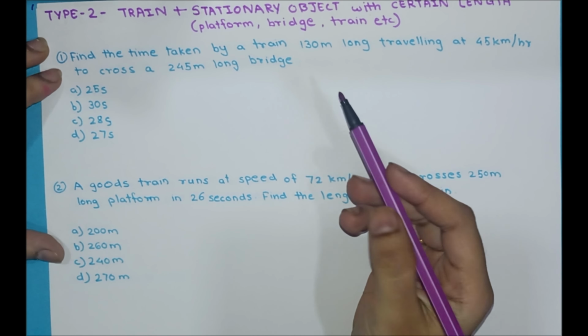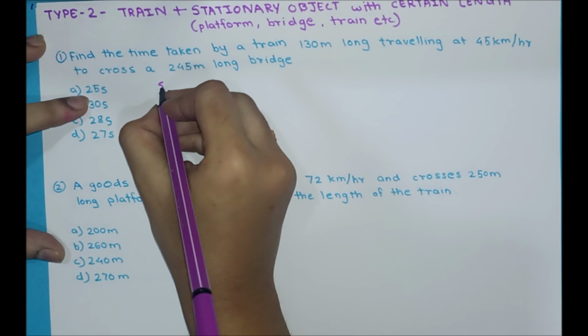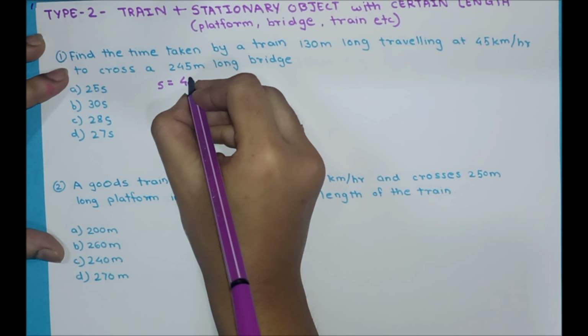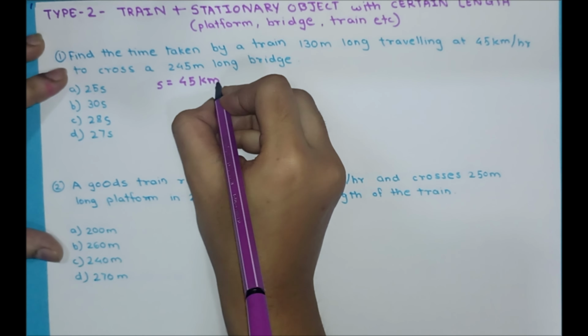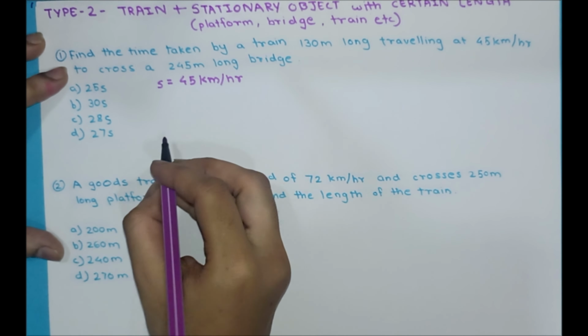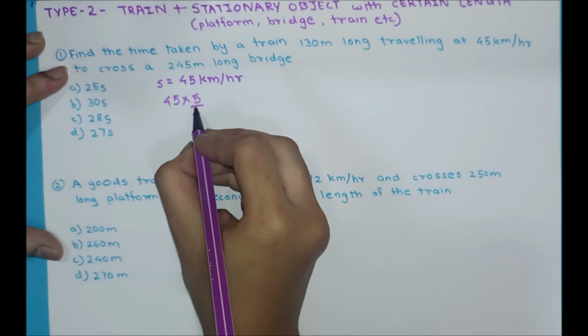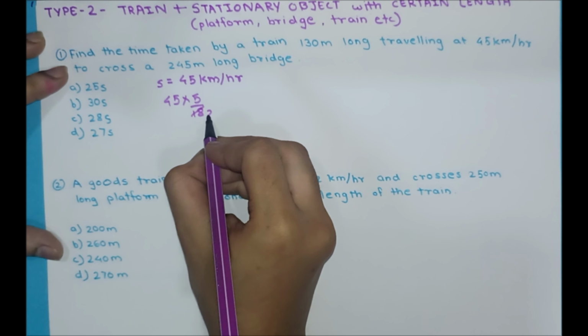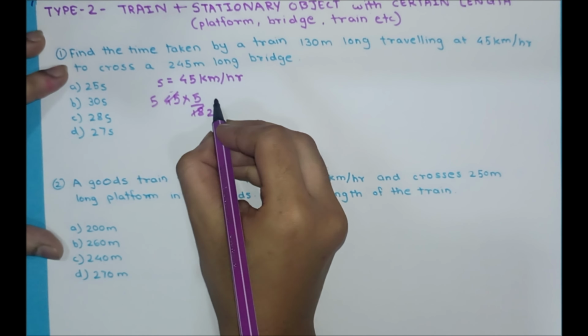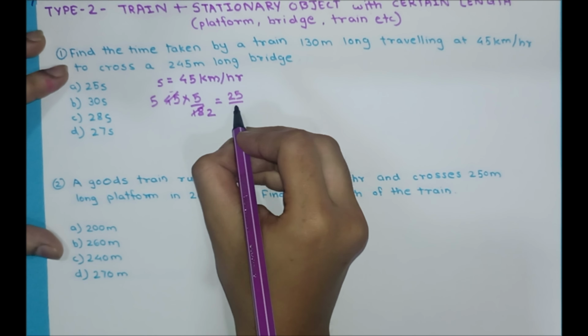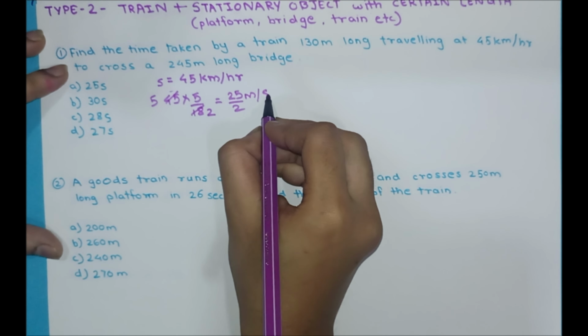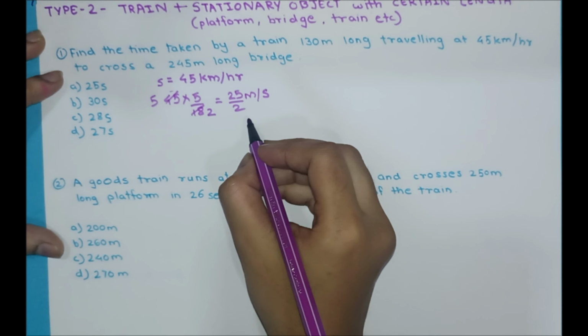So in the first question we have been given the speed as 45 km/h. Let's convert it into meter per second. So 45 into 5 by 18, it's 9 2s are 18 and 9 5s are 45, we get it as 25 by 2 meter per second. Keep the values in fraction itself.